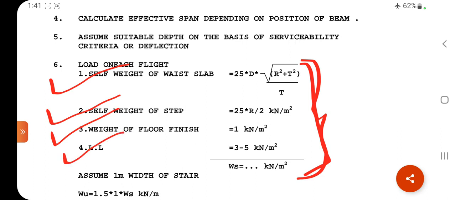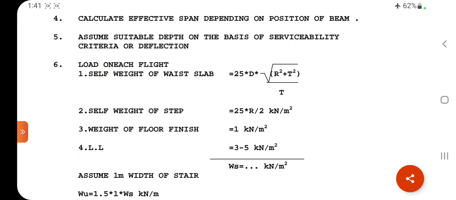Remember that live load will also be changing according to the type of the building. If it is a residential building, it is 3 kilonewton per meter square. If it is a commercial building, then the live load increases from 3 to 5 kilonewton per meter square.